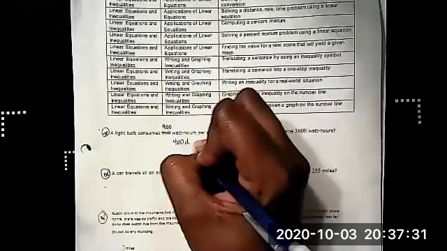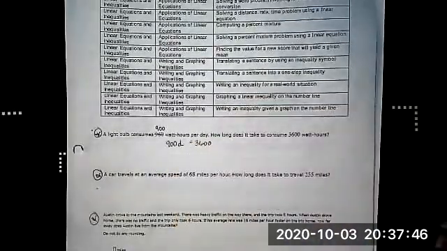So how we will set that one up is it consumes 900 per day. We don't know how many days it's consuming, but it takes 3,600 watt-hours.